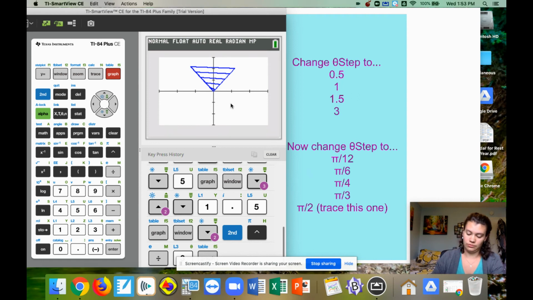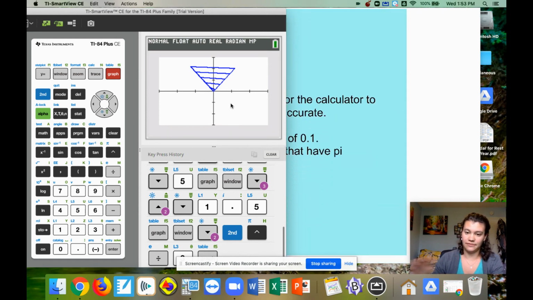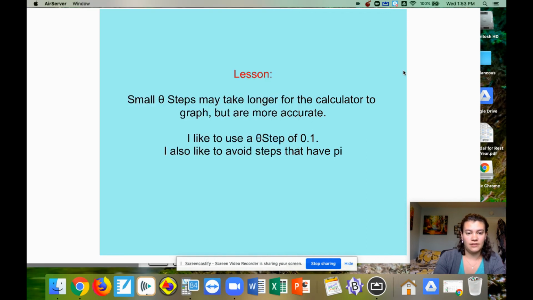The lesson from this is that the smaller your theta step is, the longer it's going to take for your calculator to graph it because it's plugging in smaller increments. I usually do 0.1 because it's enough detail that you can see what's happening, but it's not so small that it's going to take forever to graph. And avoid steps that have pi in them because those give you weird sharp angles instead of nice curves.